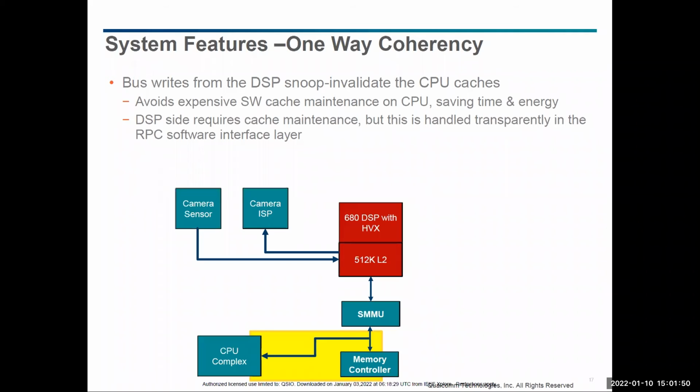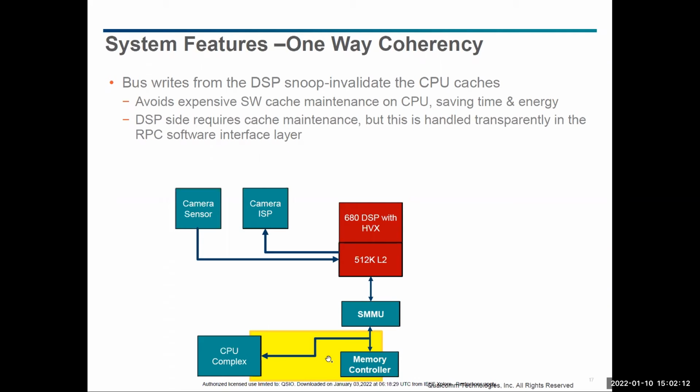This ensures multiple things at the same time. The first thing is that the cache flush and invalidation operations on the CPU are not needed, because the memory controller is directly invalidating the CPU caches once the data is read appropriately.